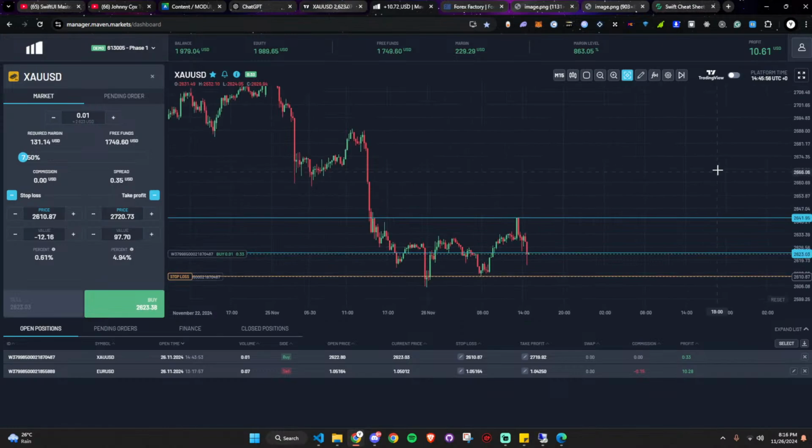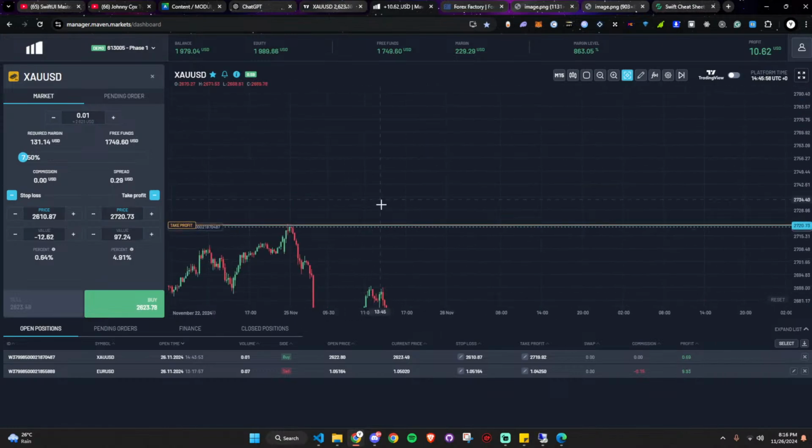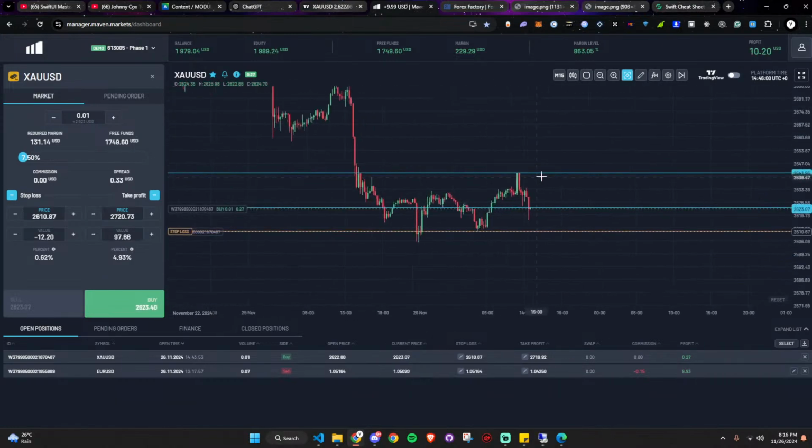Break even after the first breaker structure. Partial here. And then take this.